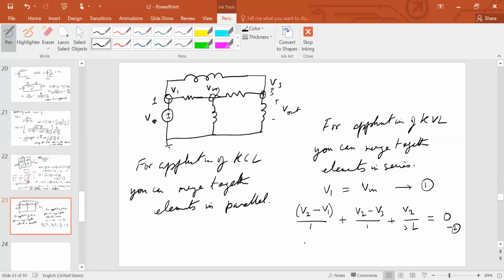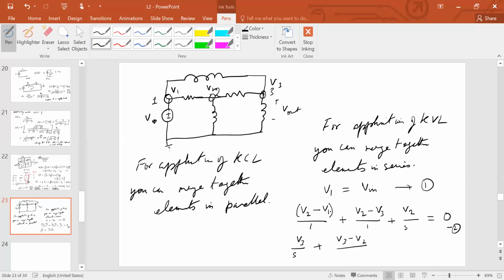What about the third node? Now for the third node, V3 upon SL. So L is again 1. So why am I writing L separately? I already said it's 1 Henry. So no point in writing that. Okay. V3 by S plus V3 minus V2.